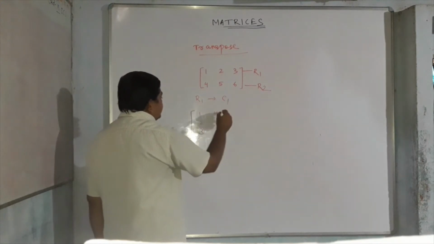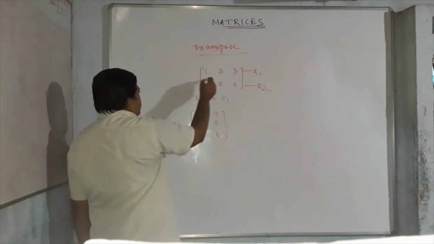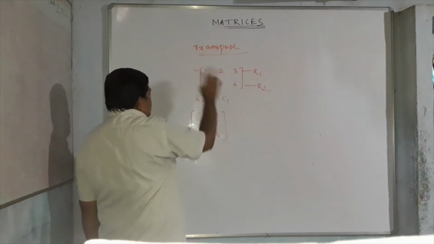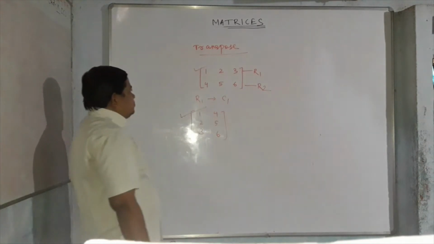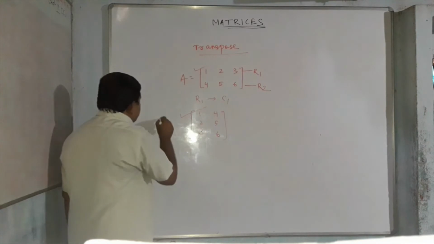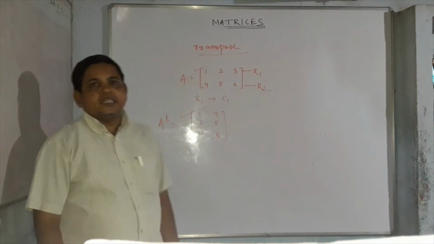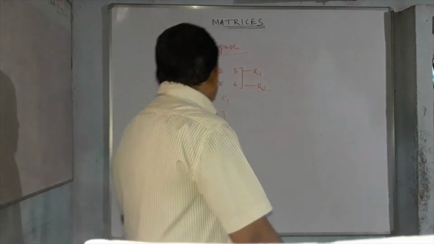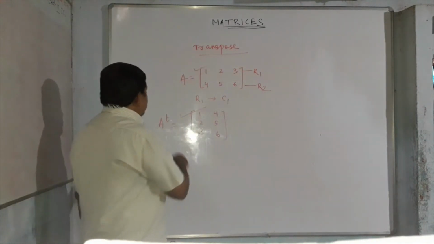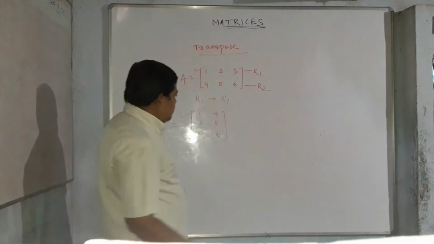Now keep all the entries as already written. Therefore this matrix's transpose is this. Suppose this one equals A, then the transpose of matrix A, you write A superscript T. It is called A transpose. So A superscript T is equal to the transpose of matrix A, equal to this one.